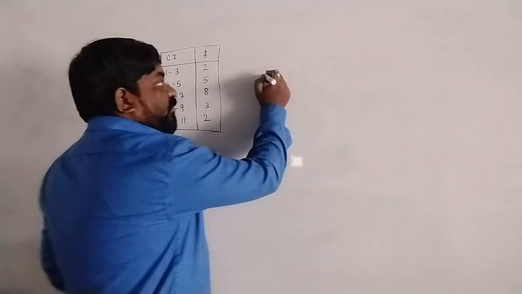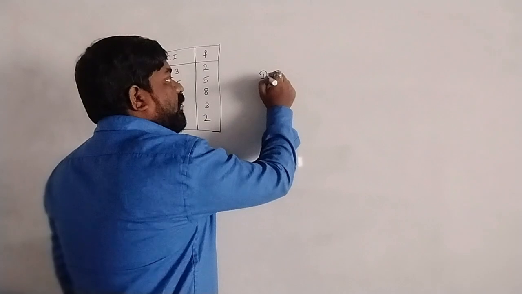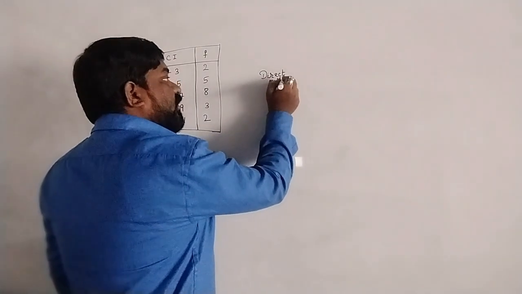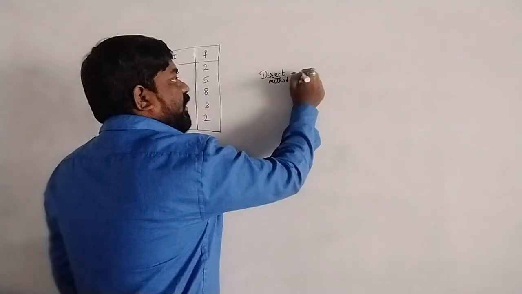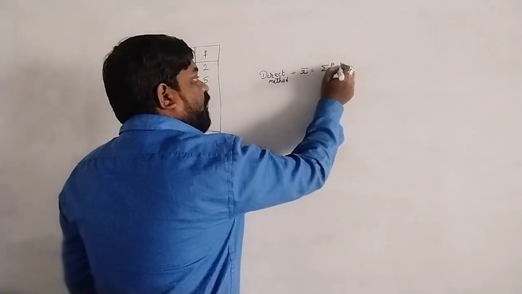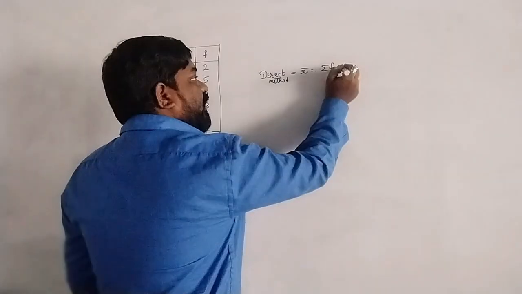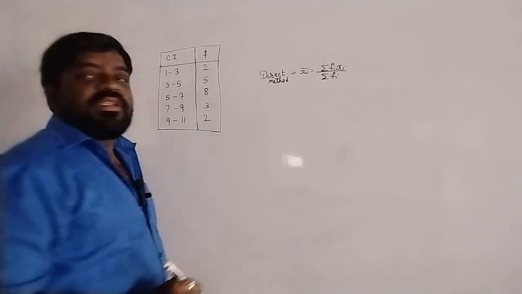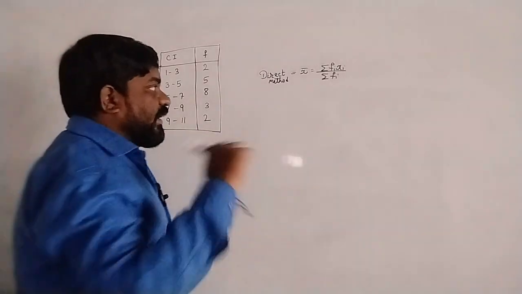First we'll see the formula to find the mean using direct method. The formula is x dash equals sum of fi xi by sum of fi. This is the formula to find the mean using direct method.